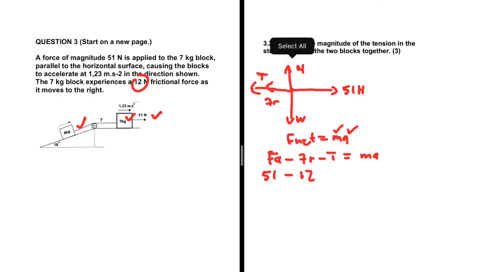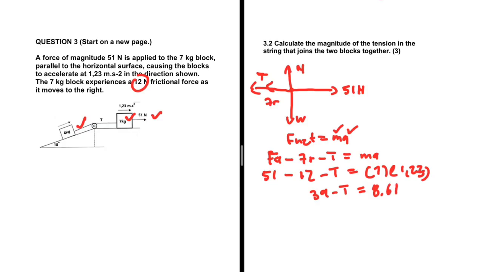So 51 minus 12 minus tension equals the mass, 7 kg, multiplied by the acceleration, 1.23. So 51 minus 12, that is 39. So we have 39 minus the tension being equal to 7 multiplied by 1.23. That will give us 8.61.